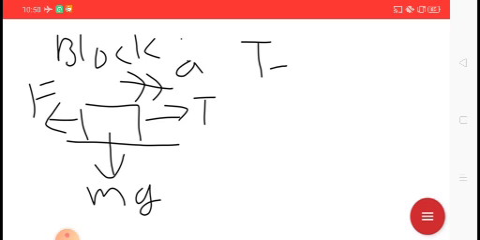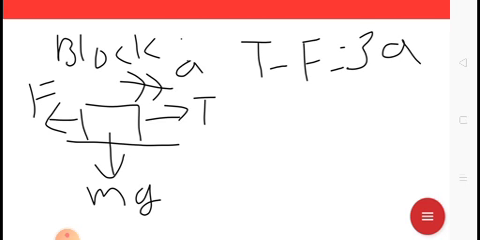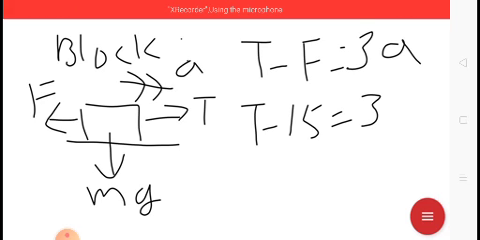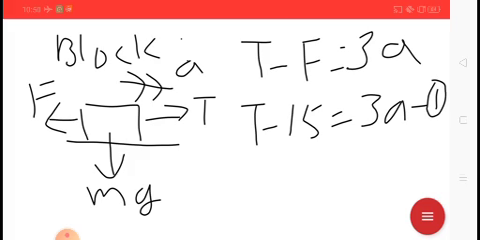So T minus F is equal to 3A, right? Don't forget friction F equals mu R. So T minus mu R, mu is 0.5 times R is 30, so 15, equals 3A. So you have the first equation.